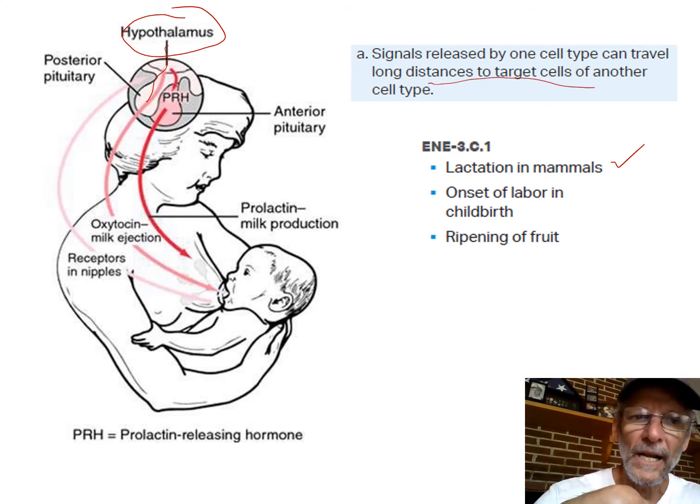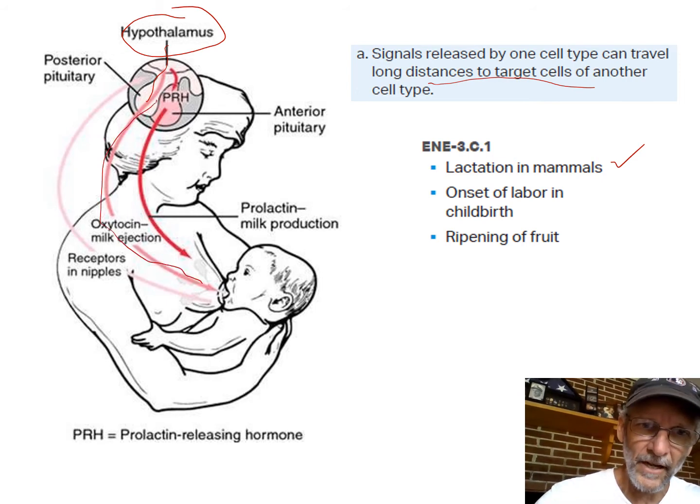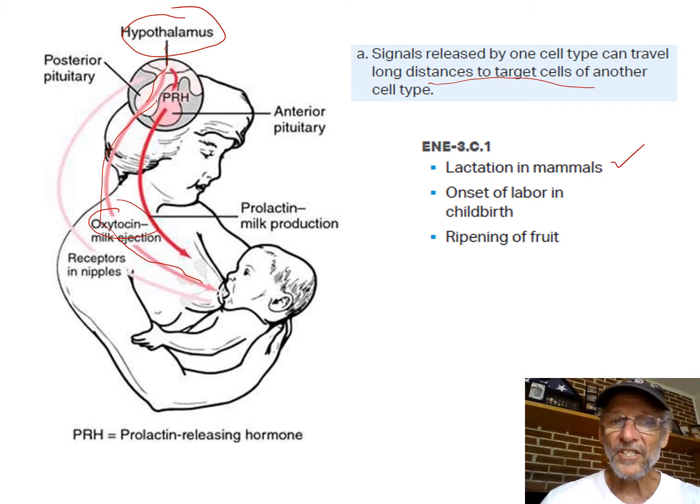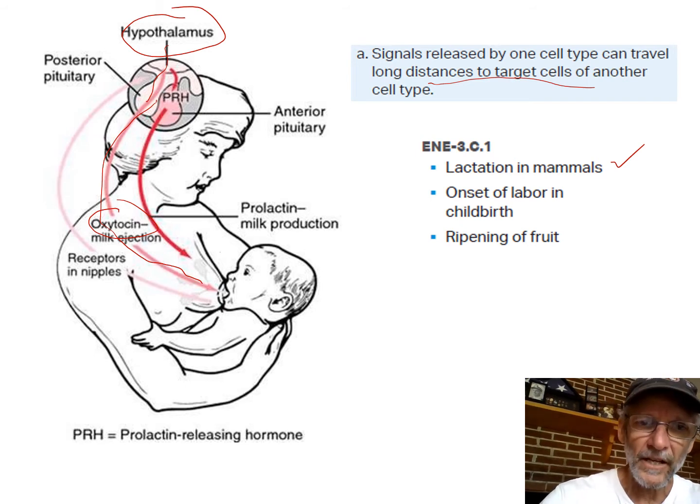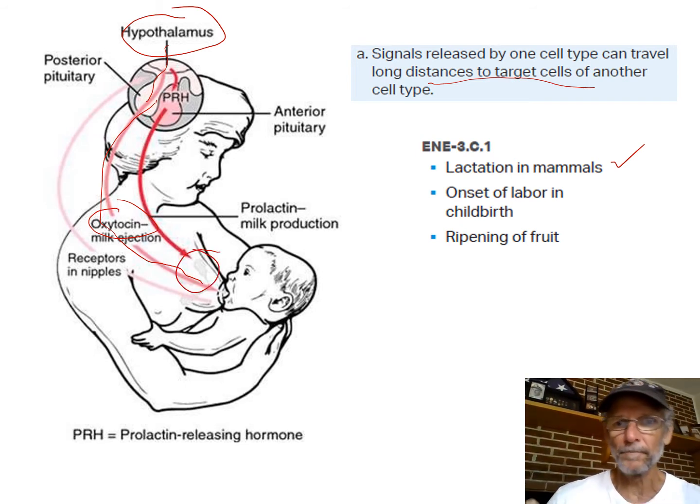This chemical hits a receptor in these cells and causes them to release another chemical. Look at that, oxytocin, the same one, right? Same signal molecule, probably the same receptor, but in different cells with different signal transduction pathways, different end result. This is get rid of milk.